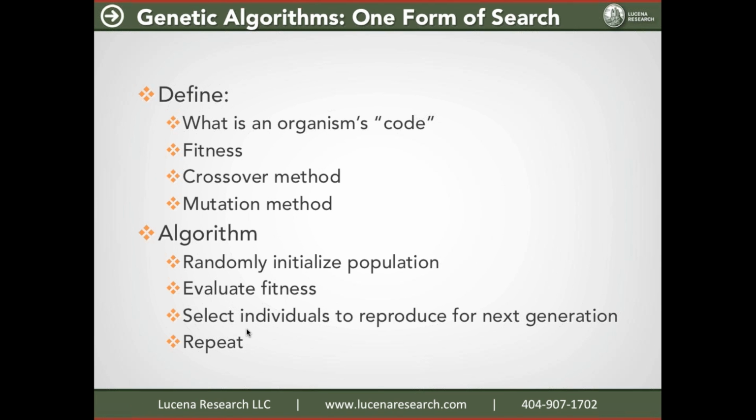When we want to apply a genetic algorithm to a search problem, for instance this one of finding nuggets, we've got to do a few things. First, we have to define the code: what does a gene look like? I'll show you in a moment how we do that for discovering nuggets. Next, we have to define fitness. In other words, if we have two nuggets, how do we determine which one is better than the other? Next, we need some crossover method.